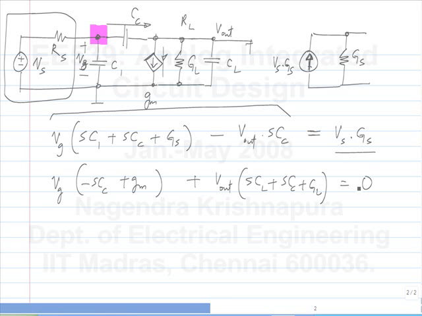So I have to solve these two. Okay? What is the solution for Vout? So maybe I will do it a little more systematically than this. Okay. So if you were to use Cramer's rule, you can set up this.